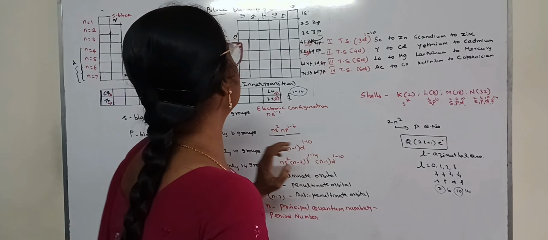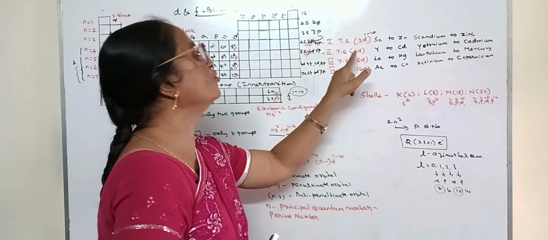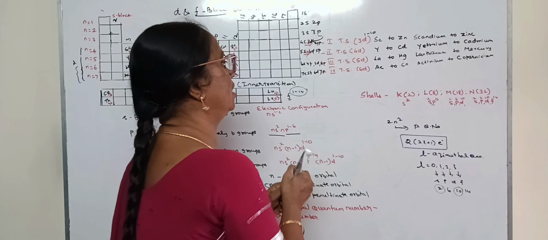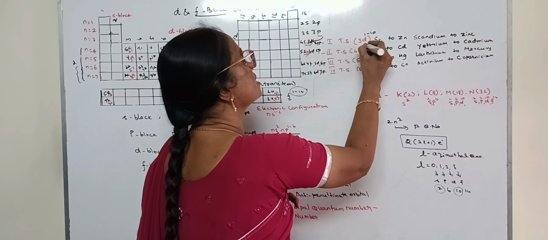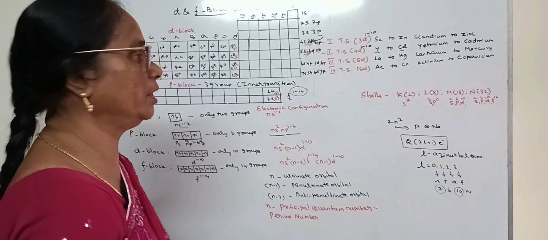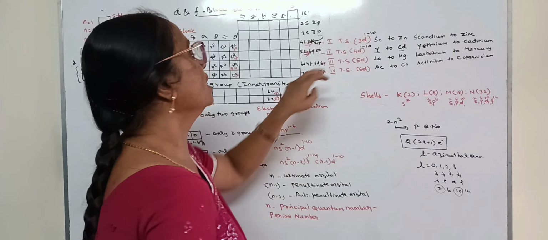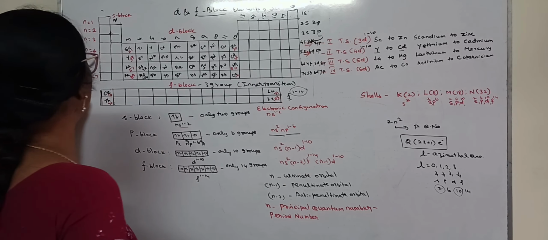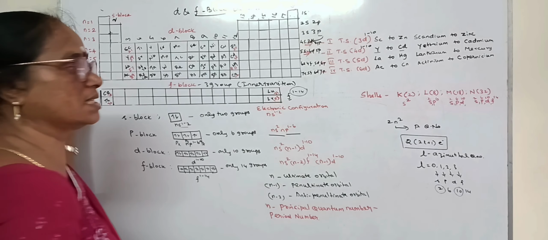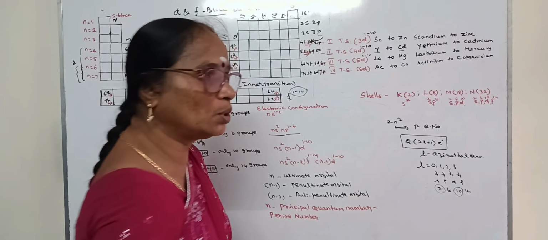The second series belongs to the 5th period, where the 4d orbital is being filled with 1 to 10 electrons, and it starts from the element yttrium to cadmium. It is said to be the second transition series. The third transition series belongs to period number 6, where the 5d orbital is being filled with 1 to 10 electrons.